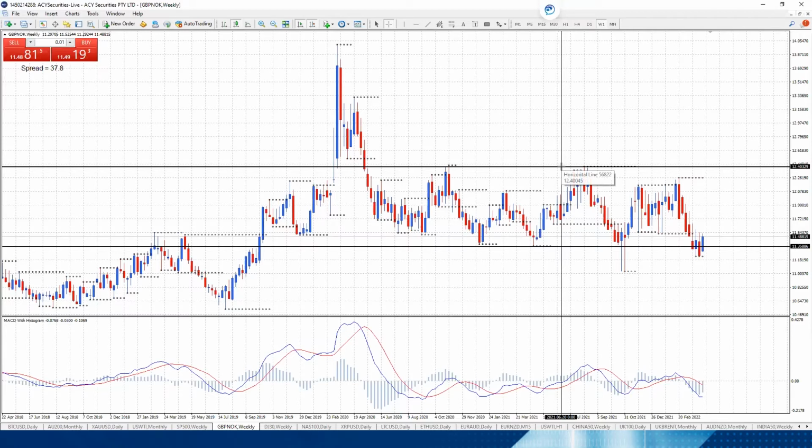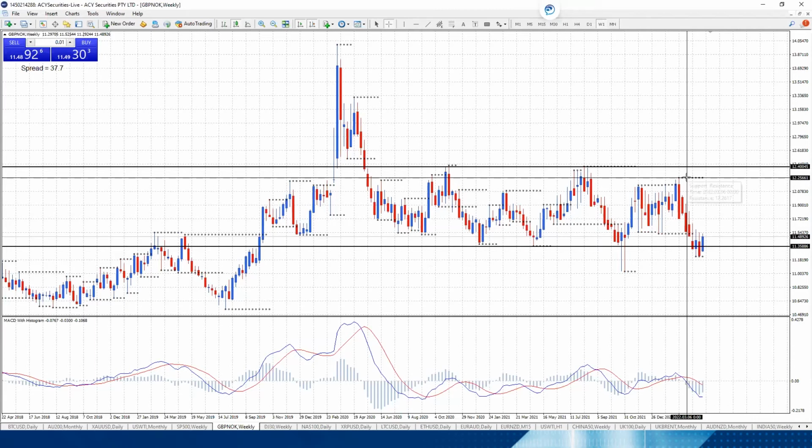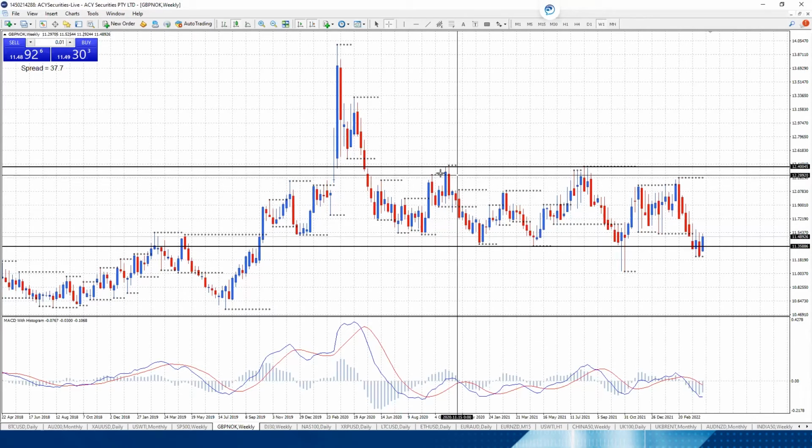So looking at this, you can see markets are going to spend some time going up. They're going to go trending up, as you can see, over long periods of time. They're going to go down, and they're also going to be periods where they're going to go sideways. Okay, so with that in mind, you can see with this currency pair, the British pound against the Norwegian krona, it's very much for the last few years, because each one of these is a week, you can see it for yourself.